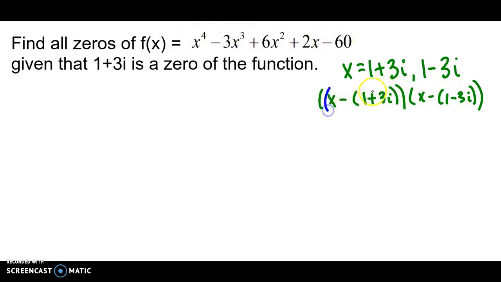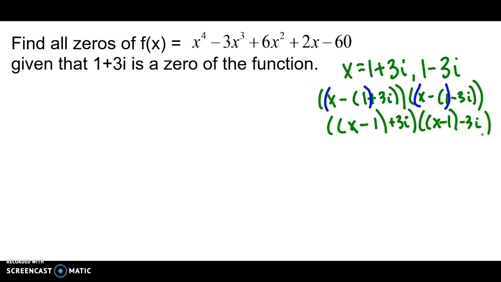Now I can use the associative property and have x minus 1 plus 3i, x minus 1 minus 3i. Why did I do that? Because now this looks almost like a difference of squares. So I have x minus 1 squared minus quantity 3i squared.